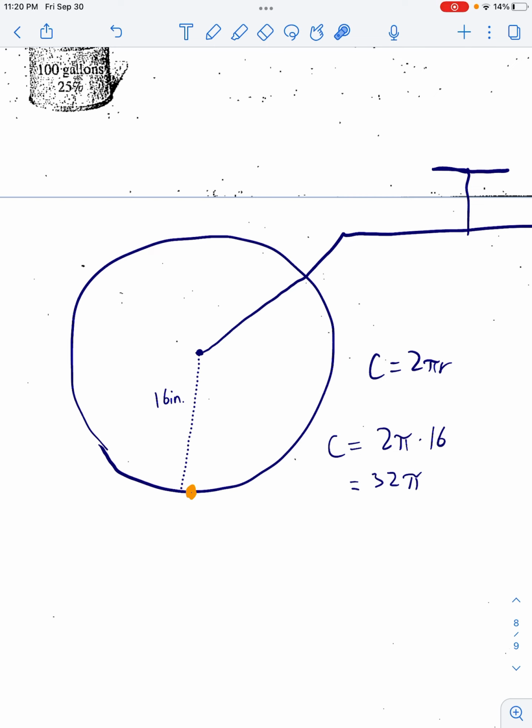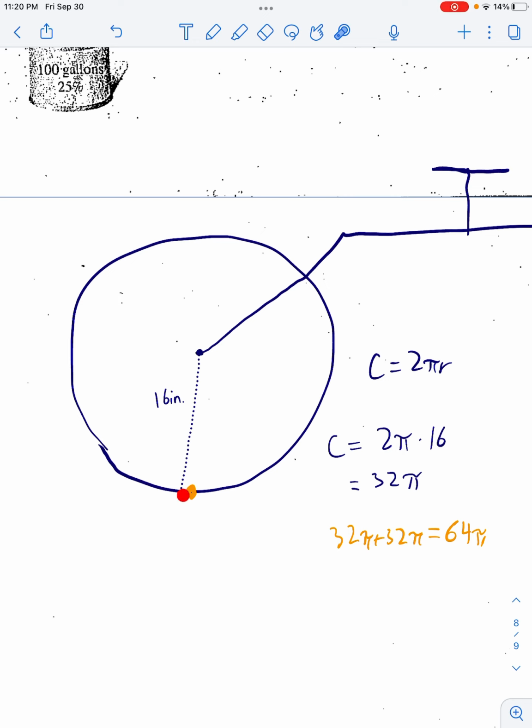So it's going to move 32 pi plus 32 pi equals 64 pi inches, okay? It's moving 64 pi inches per second.